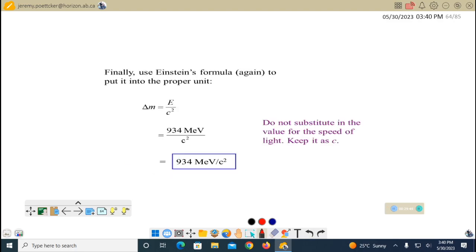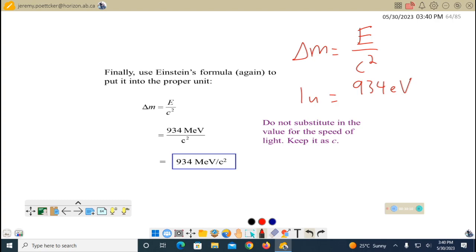And then finally use Einstein's formula again to put it into proper units. So delta m is equal to E over c squared. We're going to just go back and say, well, delta m that we started with, 1 u, is now equal to 934 mega electron volts.